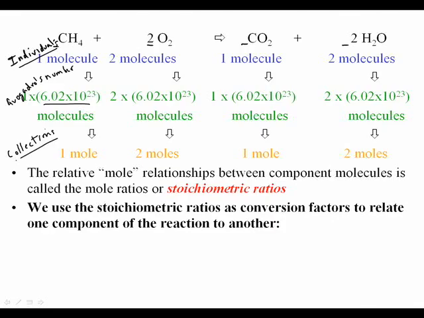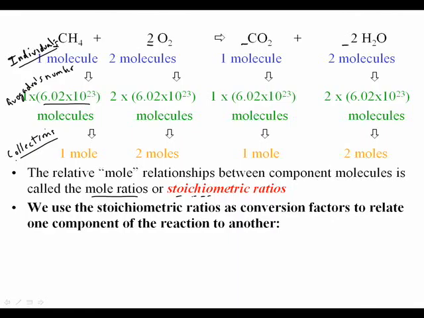The reason, remember, we go to moles is because the mole quantities of atoms is in gram amounts, and we can easily weigh gram amounts. It is nearly impossible to weigh one atom. All right. So the mole relationships between component molecules is called the mole ratio, or here's this fun word, stoichiometry.